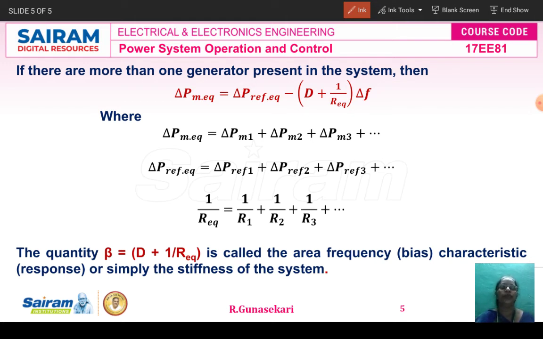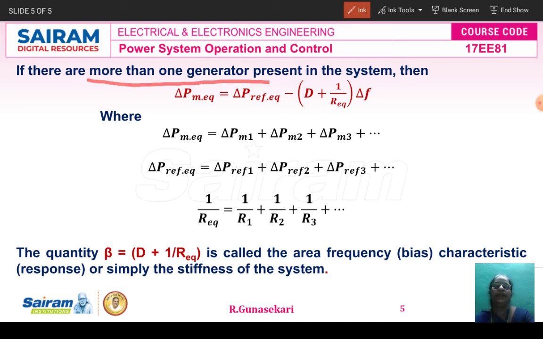Therefore one generator cannot meet our load demand. So now we use more than one generator in the power system, in the automatic generation control system. Then what are the equations?